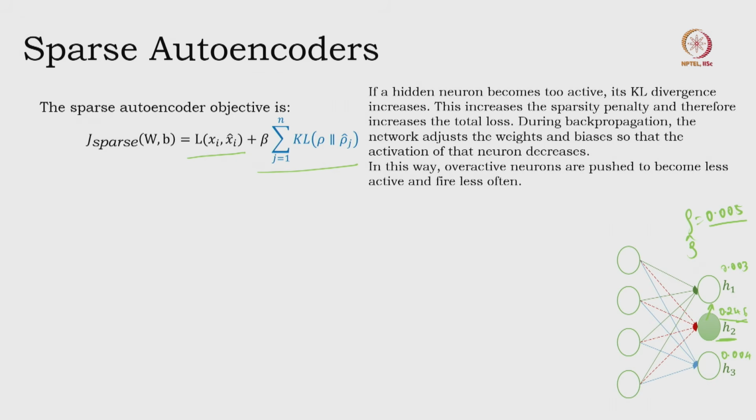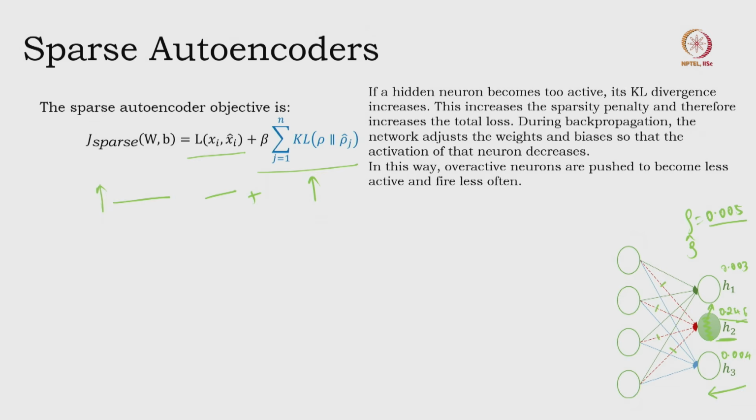Now what exactly happens during backpropagation? Why does the penalty increase? This term is definitely high. When this term is added to the loss, the overall loss value is more. Because the loss is more, during backpropagation, when you backpropagate for H2, are there not weights associated with H2? So during backpropagation, the values associated with the neuron that is hyperactive or overactive will be adjusted.